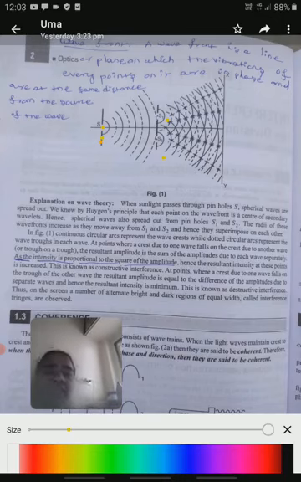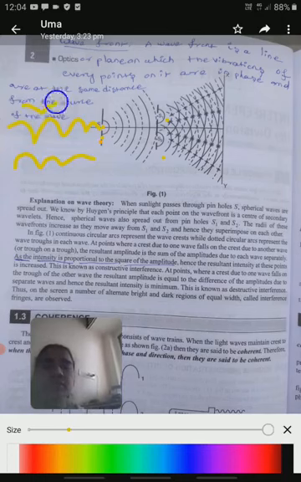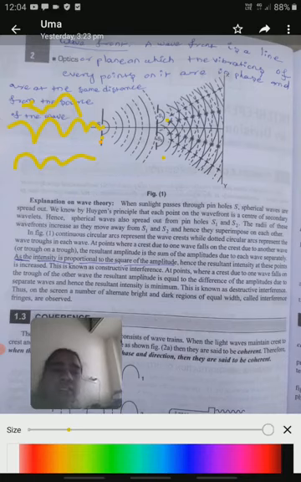When sunlight is incident on this hole, this pinhole spreads out spherical waves. A pinhole is nothing but a small hole.